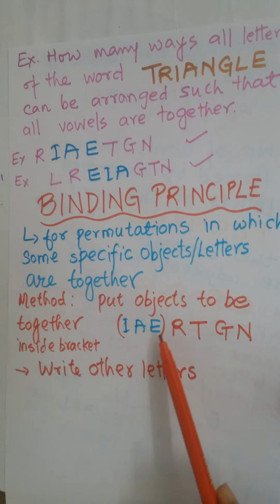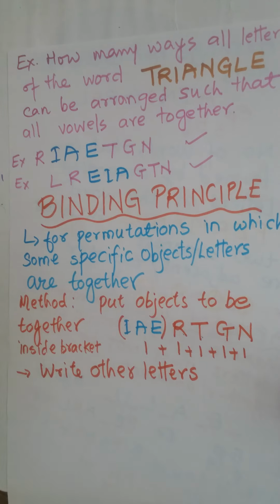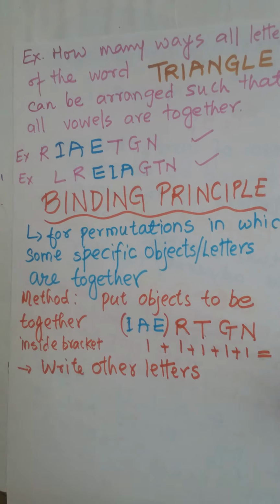Now considering this bracket as one object and other letters as separate objects, count the number of objects. So this is 1, R is considered as one separate letter, T, G, N. So how many total objects do we have?